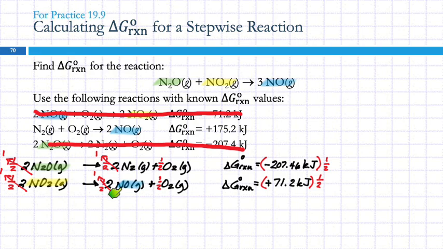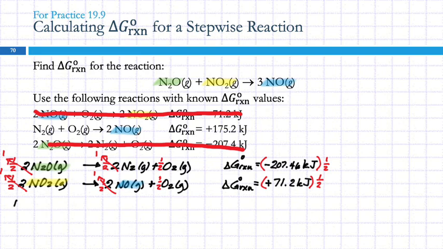So I have NO on the product side, but I want 3 NO on the product side, and I don't want this oxygen. So, you could say, well, multiply this by 3, but then that's going to mess this up. We need to use this equation. It's in the right direction. It's got that as the product. So let's write that down and see how that's going to work.